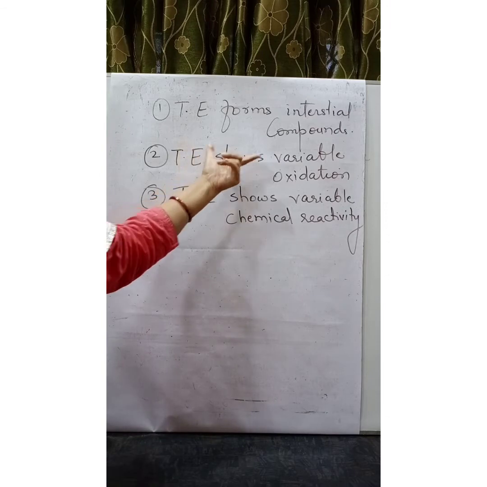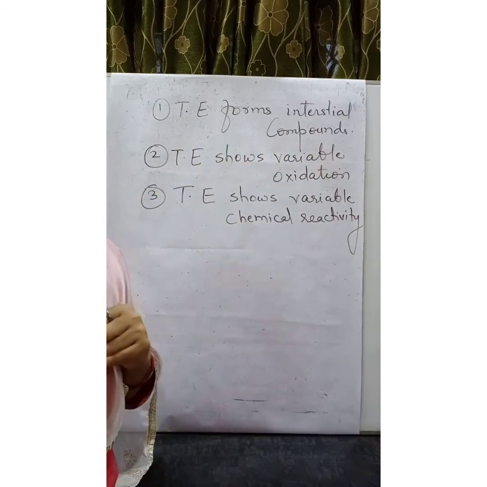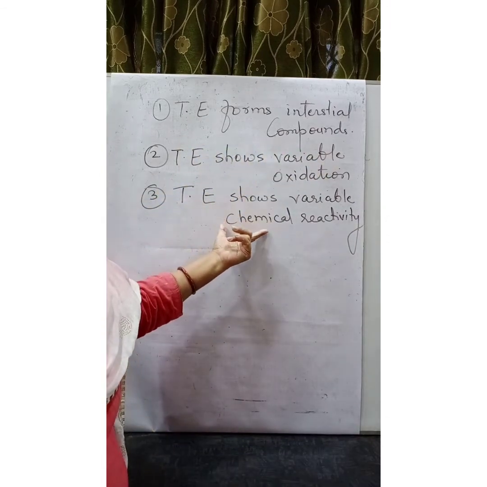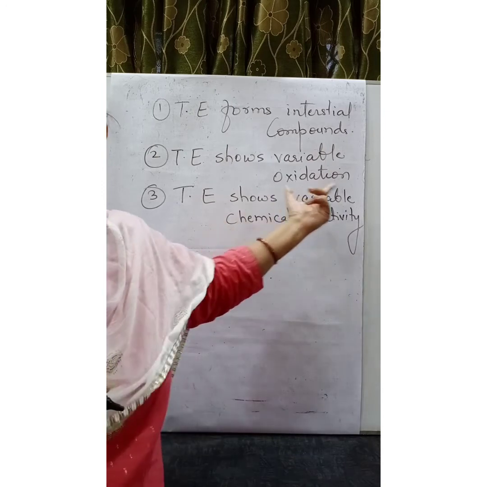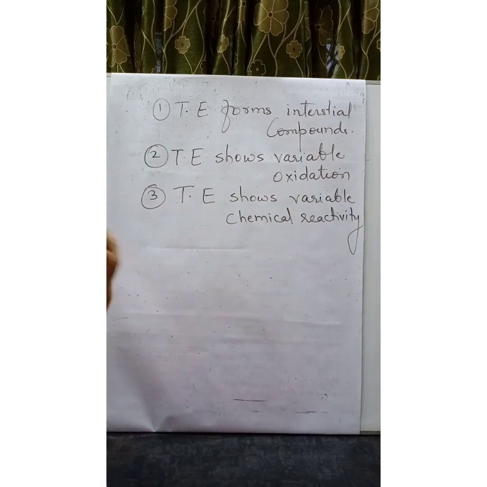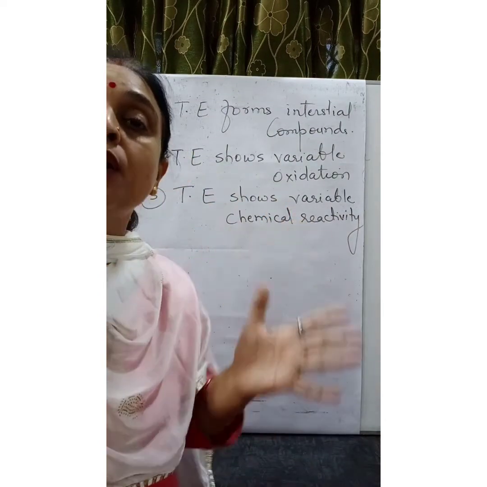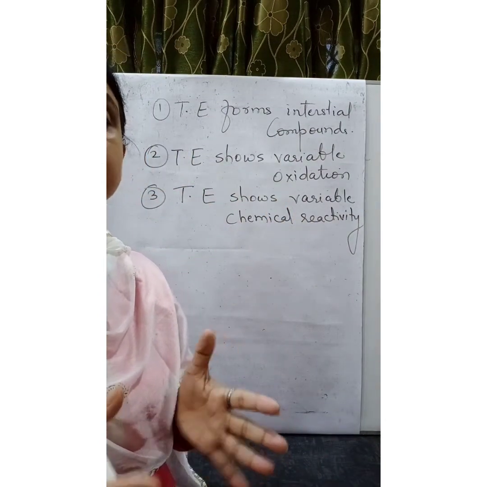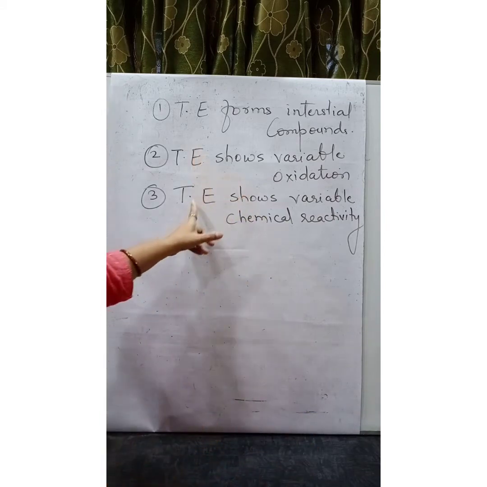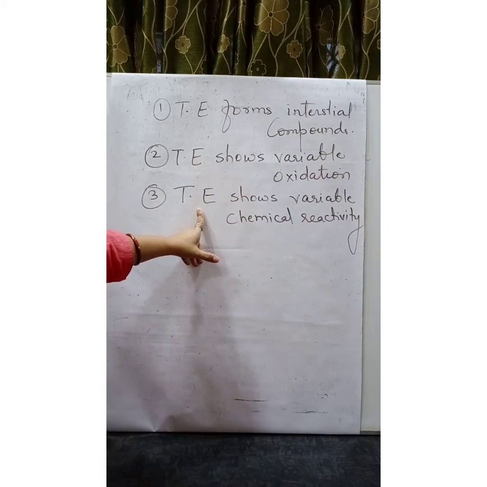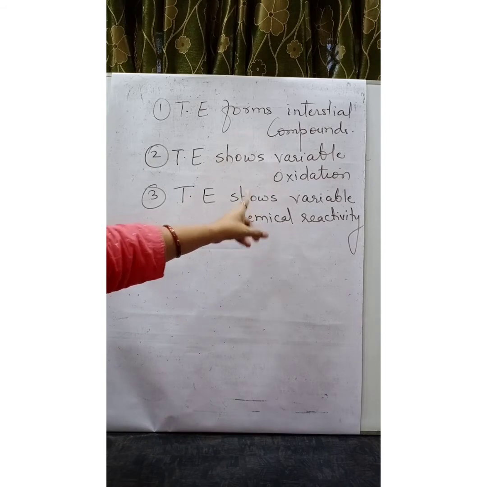Transition elements show variable oxidation state, so as a result, they are capable of showing variable chemical reactivity. And secondly, these transition elements have a layer of oxide on their surface, due to which they are not attacked by the chemicals.